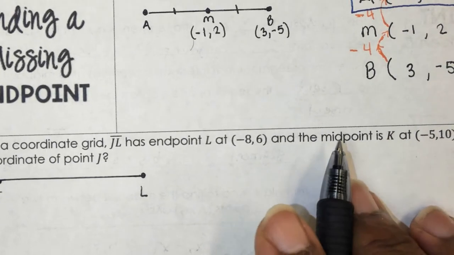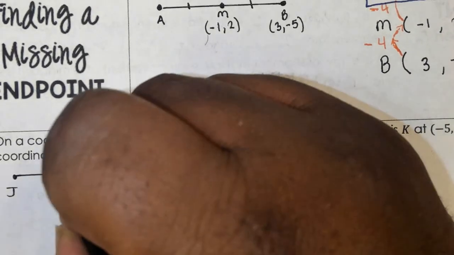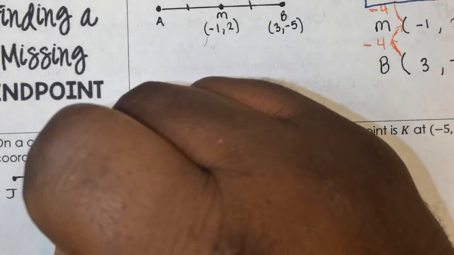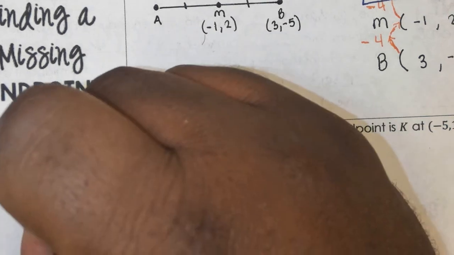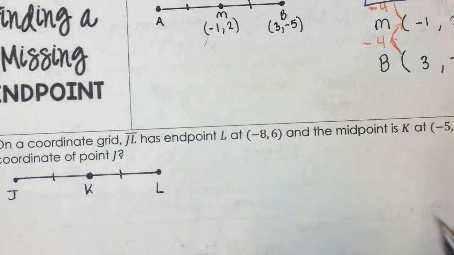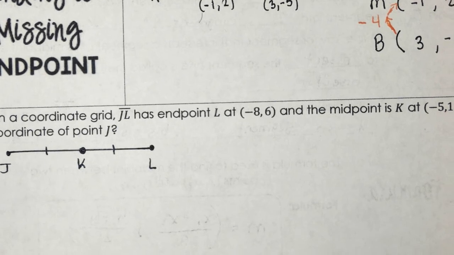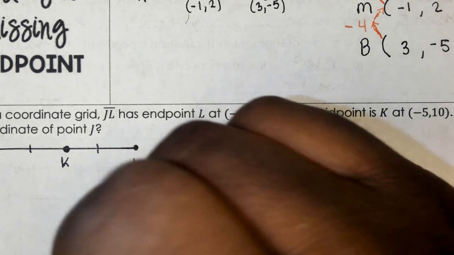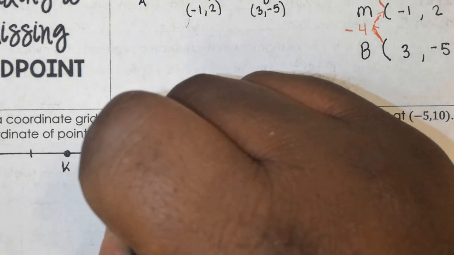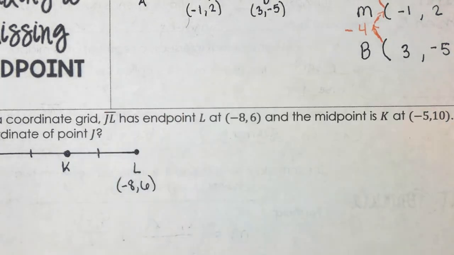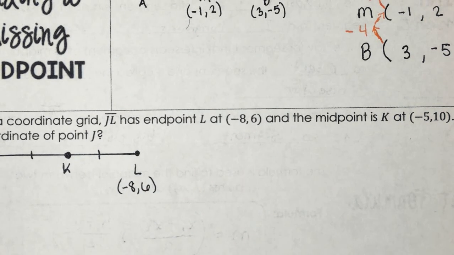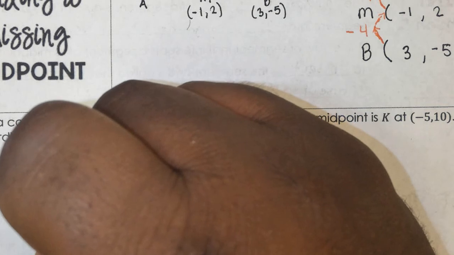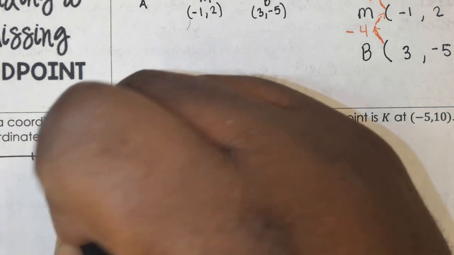Midpoint on this one is K. Midpoint is K. So midpoint, like I said, I always just kind of guess what my middle is. I may be off. K. Now this is congruent to this. Then from there, I'm putting what they gave me in. They told me L was -8, 6. And they told me K was at -5, 10. Alright.